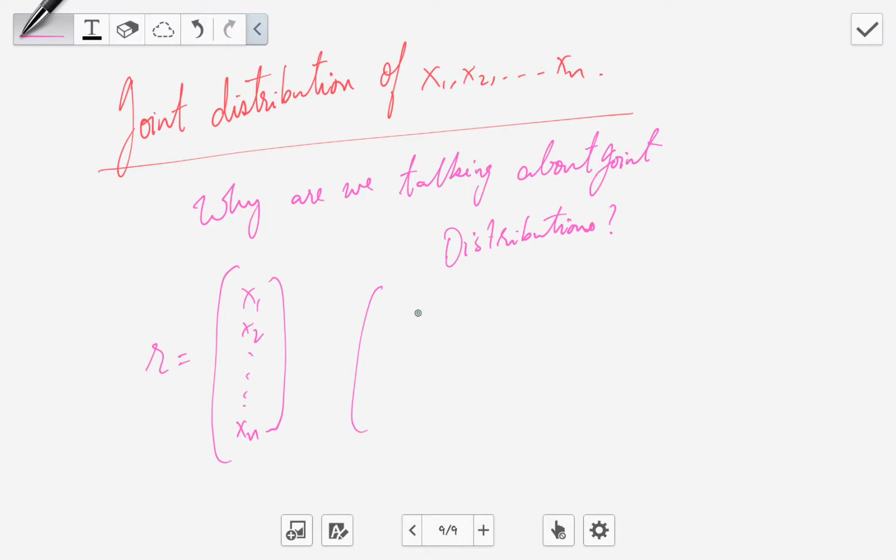If I have a set like 1, 2, so on up to n, say this is one vector R1, even if this changes to R2, if this 2 changes to 1, it is a new vector altogether. So each change will reflect a lot of things. When we want to discuss something like this, we want to keep track of every change in x1 to xn. So we want to talk about joint distributions.